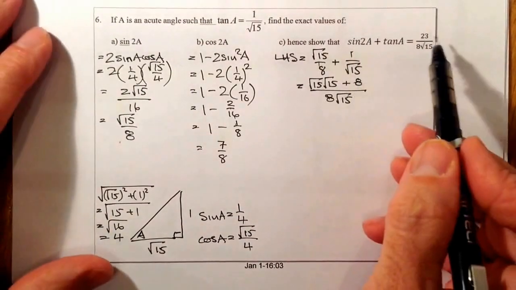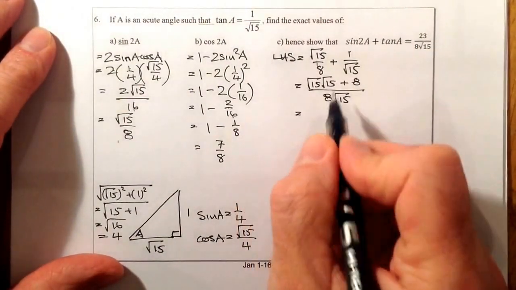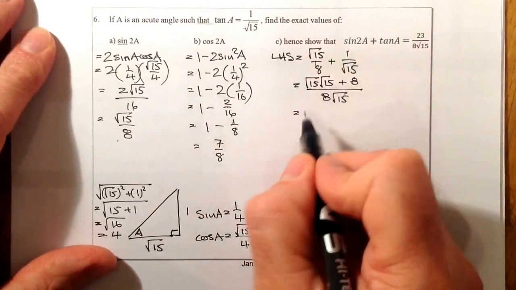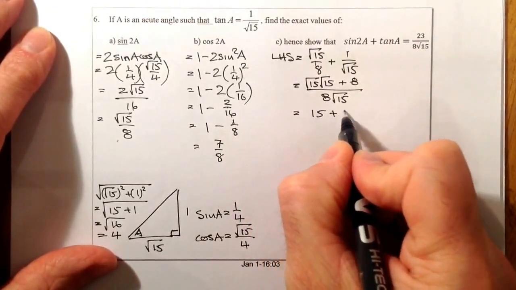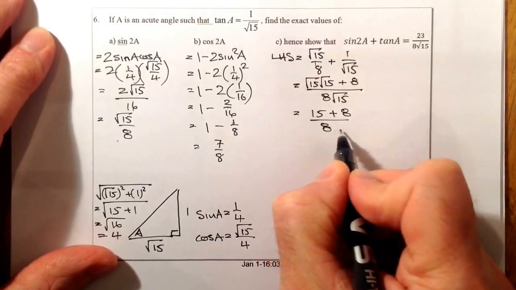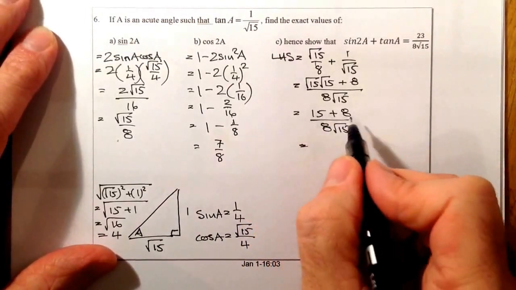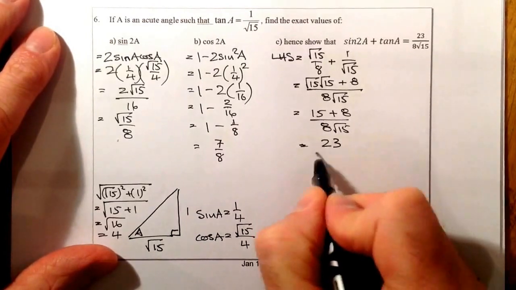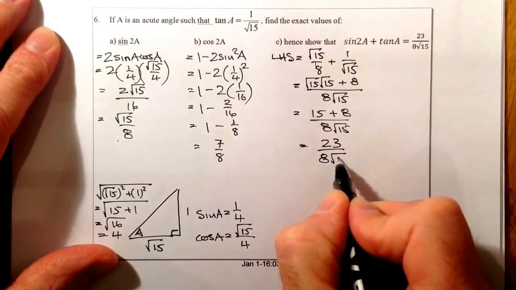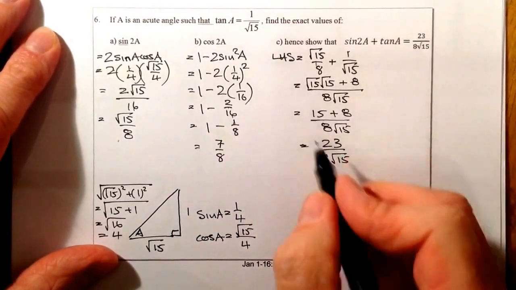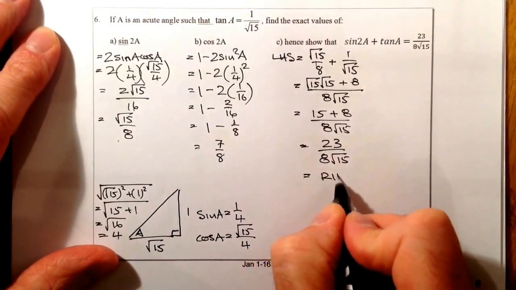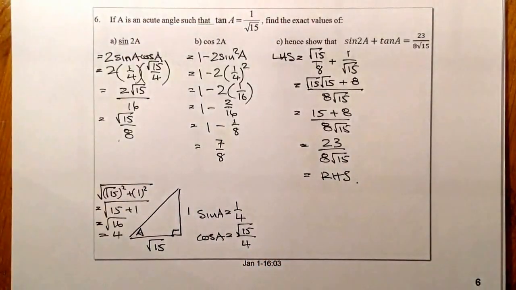I'm just needing to get the 23 on the top. Root 15 times root 15 just gives me an answer of 15. And gathering that together, 15 and 8 would give me the 23. So what I've got is the same as the right hand side, so that equals the right hand side, and that's me completed this question.